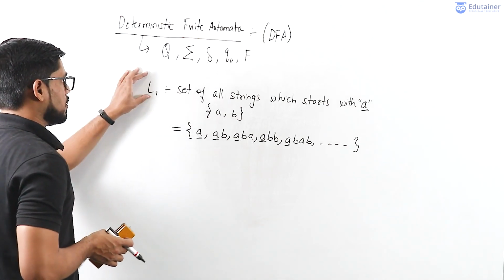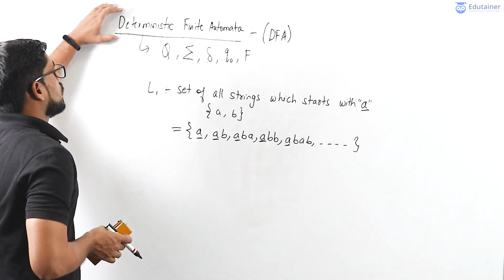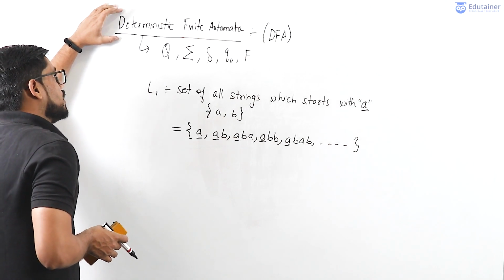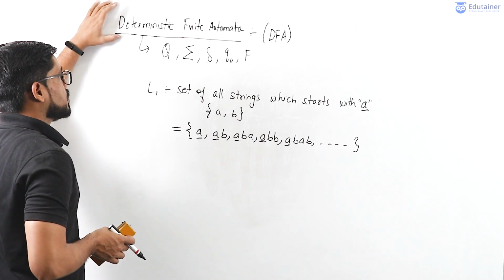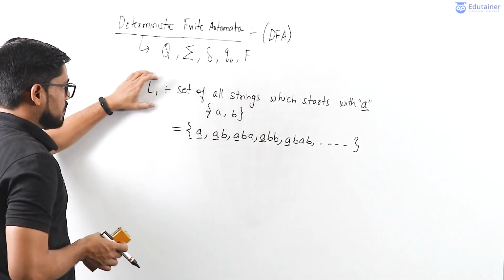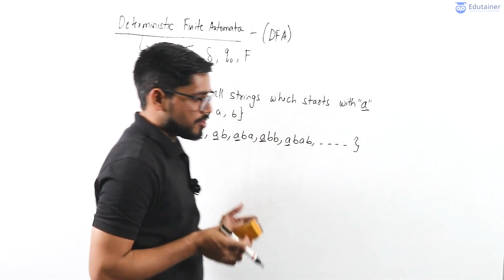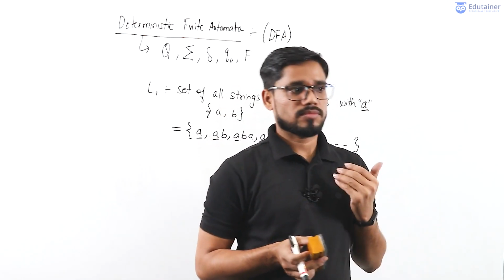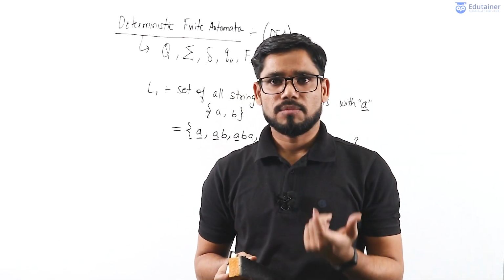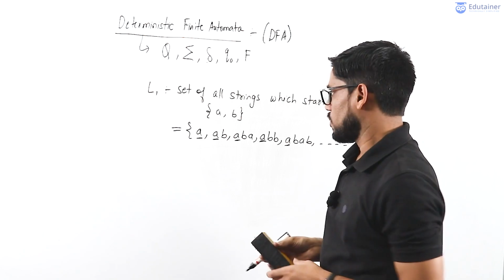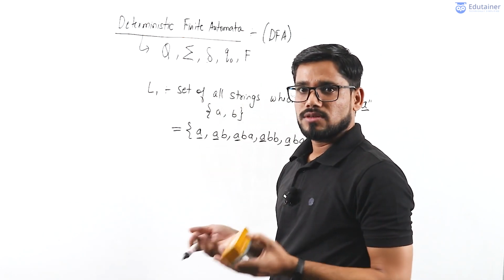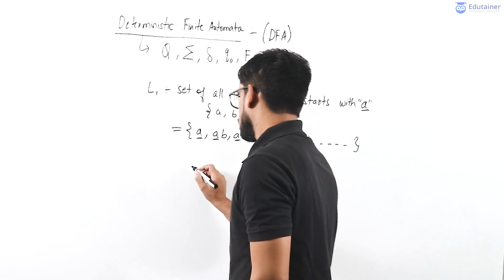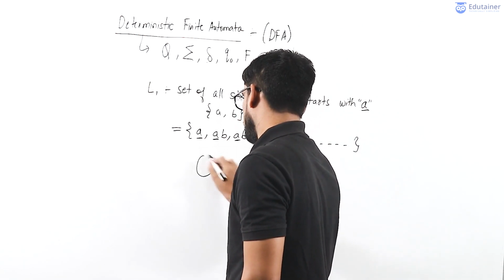This simple machine will be part of deterministic finite automata. In this deterministic finite automata for language L1, I will form a simple machine which goes to some particular state by seeing some input symbol. The state shape is a circle.